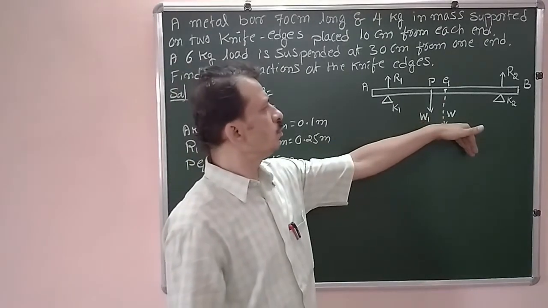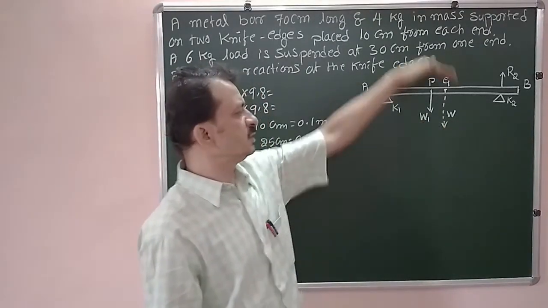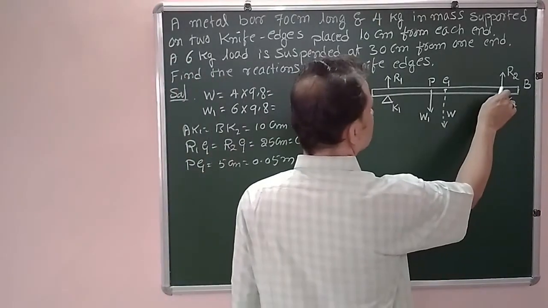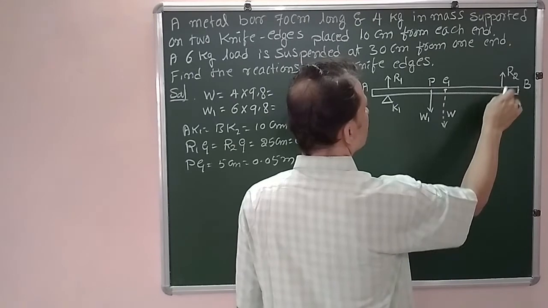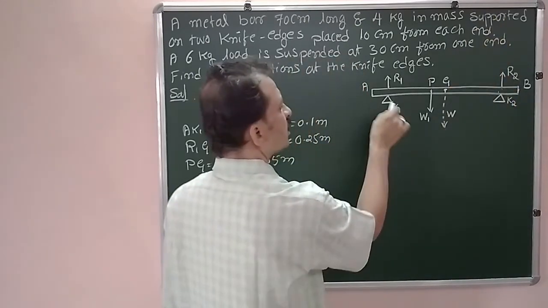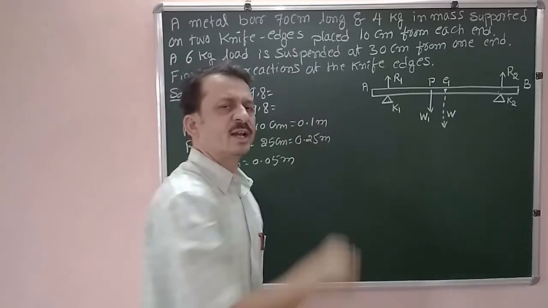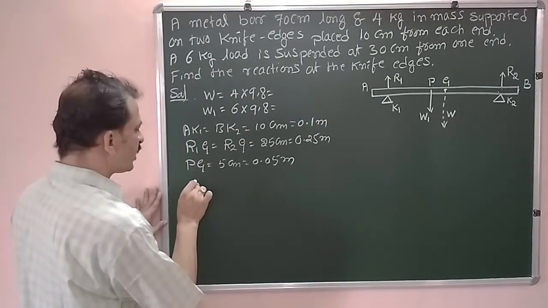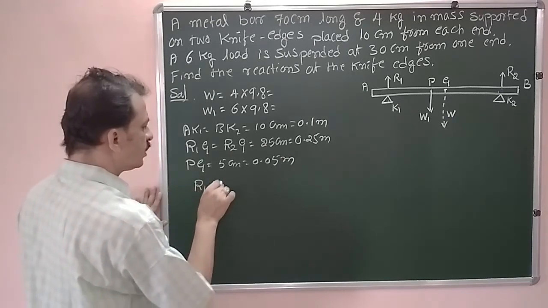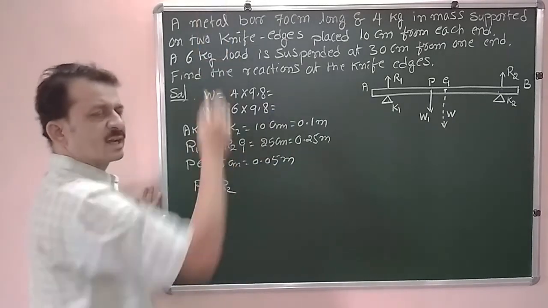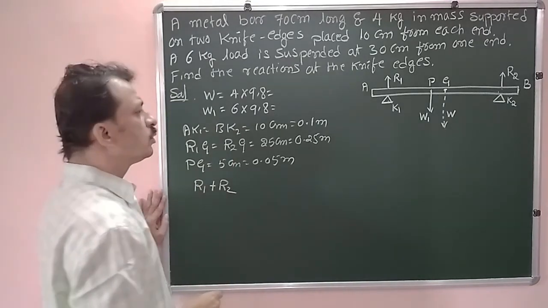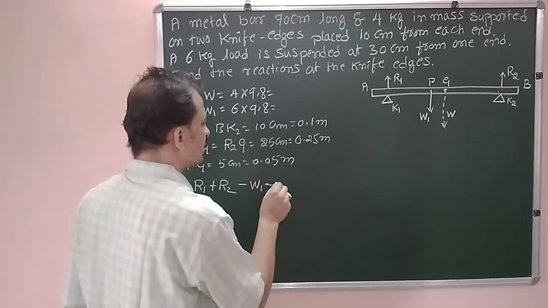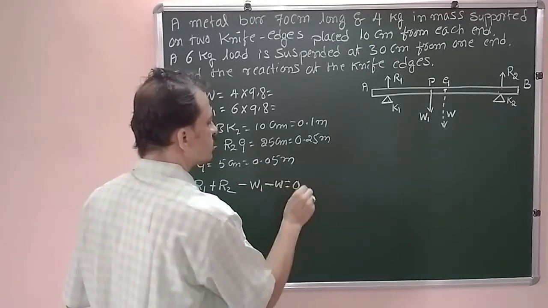These two weights or forces are acting downwards, so they are taken as negative. Correspondingly, the two reaction forces, one at K2, that is R2, and another at K1, that is R1, are acting upwards. So from translational equilibrium, we can write R1 plus R2, since they are acting upwards, they are taken as positive, minus W1 minus W is equal to 0.